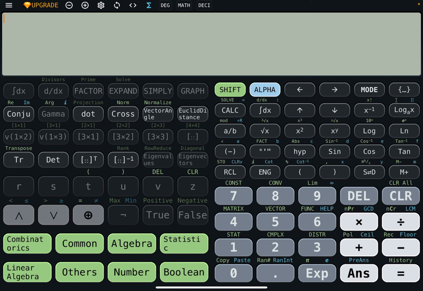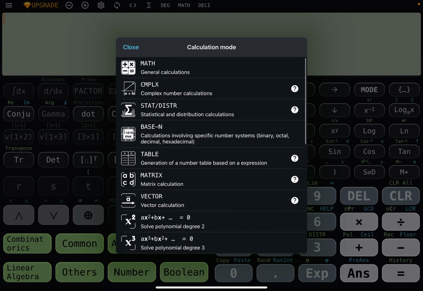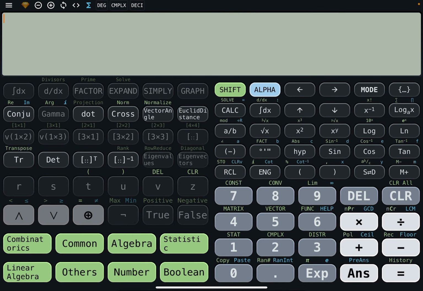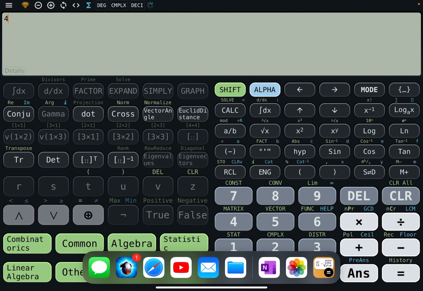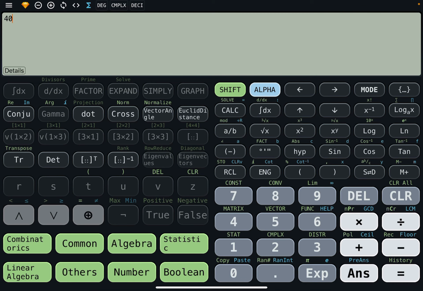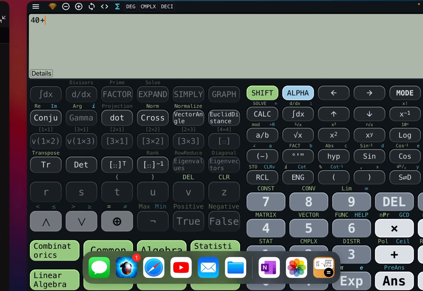For that, make sure that you go into the complex mode. Go to the calculator, press mode, and find complex. Once you are in the complex mode, simply put in the value which is given to you. The value we have is 40 plus 30.